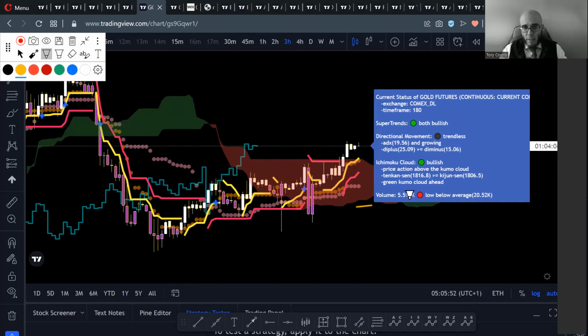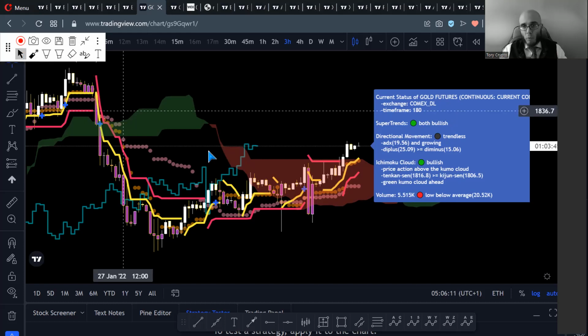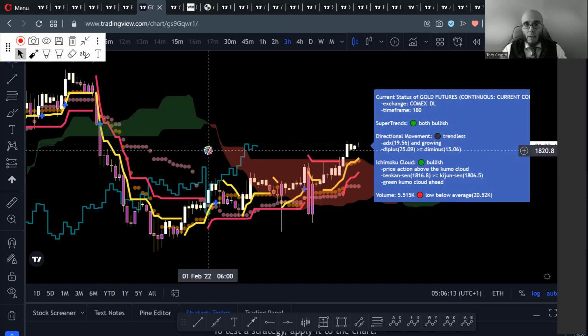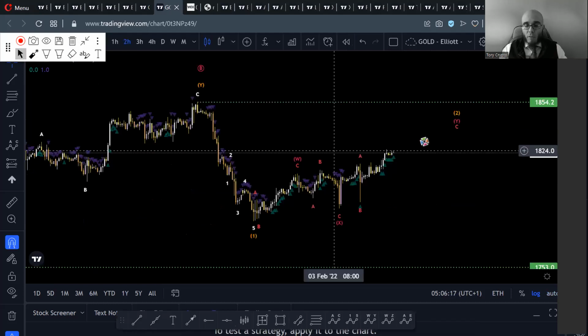So once we break below the cloud, and the 4 elements to enter a short condition are fulfilled, you can go short. That's what I do because I want high probability trades, and I will wait for Ichimoku to confirm the Elliott wave count.